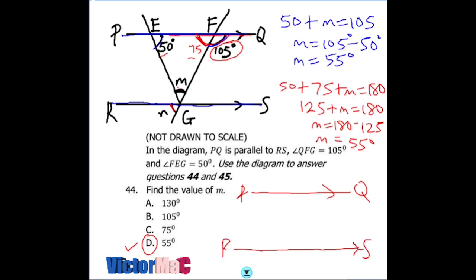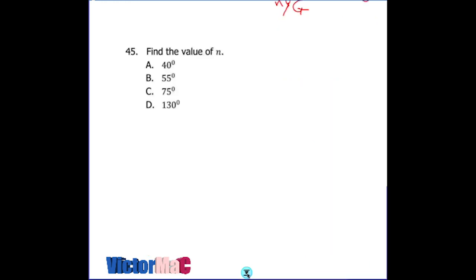The line FG is a transversal forming an angle N here below, and this is already 75. So by corresponding angles, we know that N is 75. These are angles formed between parallel lines and the transversal running across those parallel lines. So here our N is 75, and that is option C.